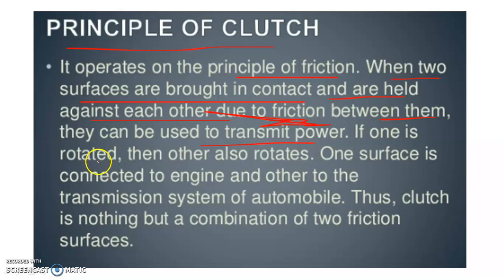If one is rotated, then the other also rotates due to friction. One surface is connected to the engine and the other to the transmission system of the automobile. Thus, clutch is nothing but a combination of two friction surfaces. So this is the principle of clutch.